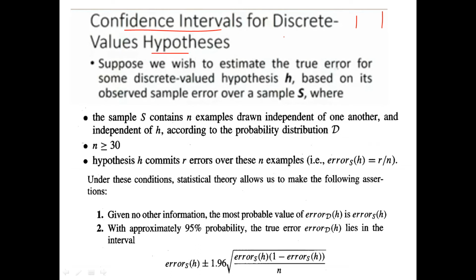Discrete valued means we are considering discrete samples or examples. Suppose we wish to estimate the true error for some discrete valued hypothesis H based on its observed sample error over a sample S. Let us say the example is you want to predict which party is going to win the election.